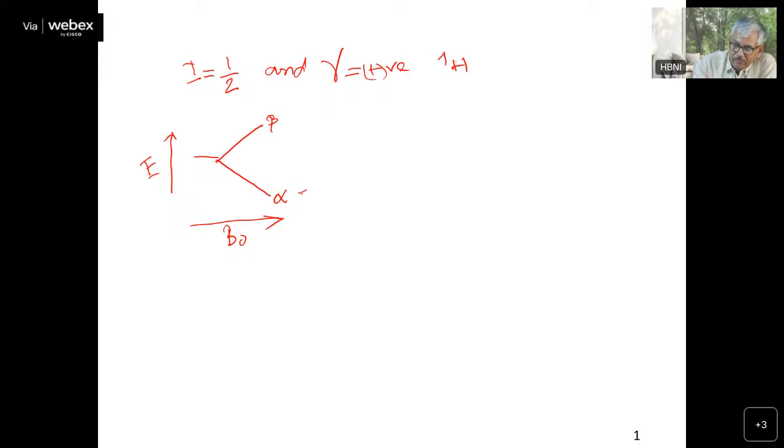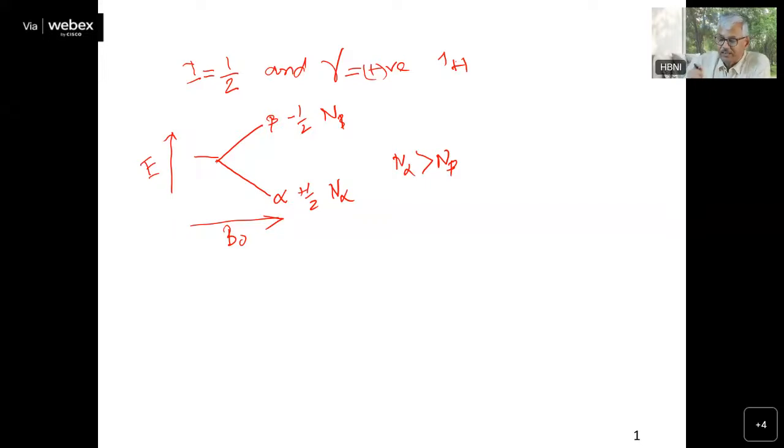We call this plus half and this minus half. These are the mI values. The population here is N alpha, this is N beta, and N alpha is greater than N beta.